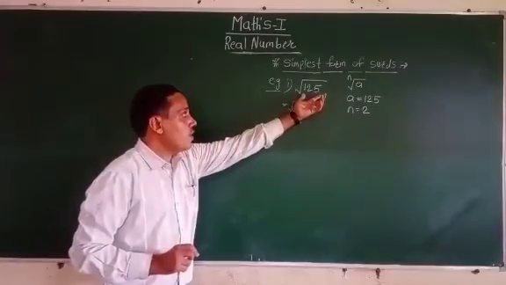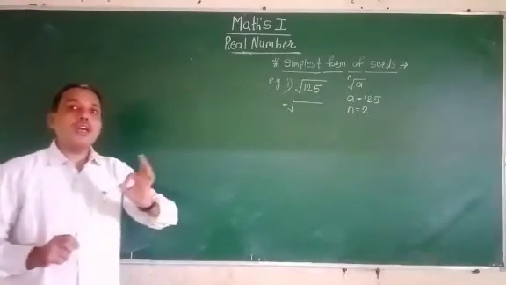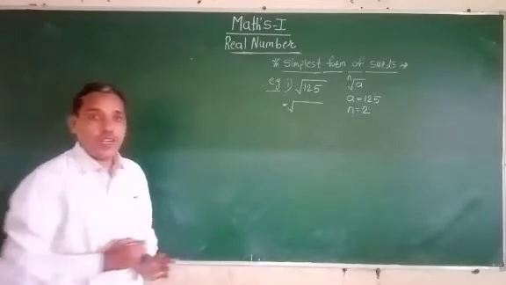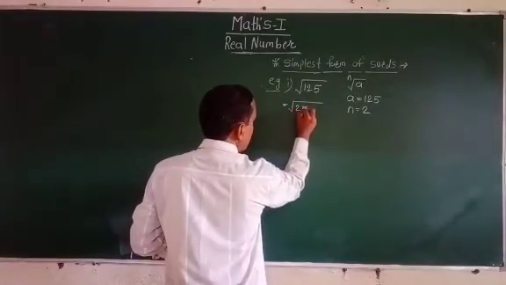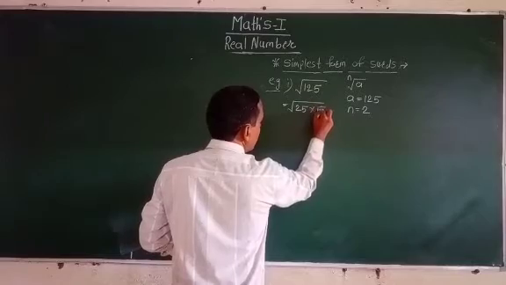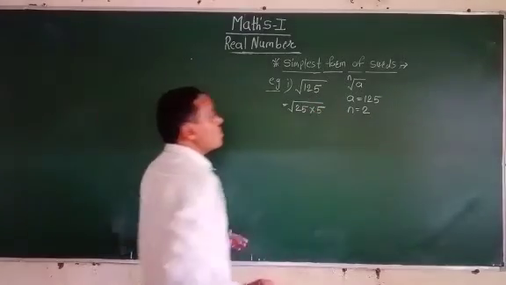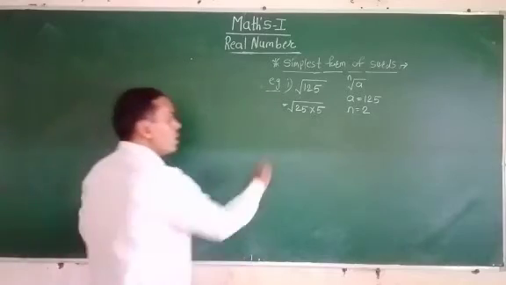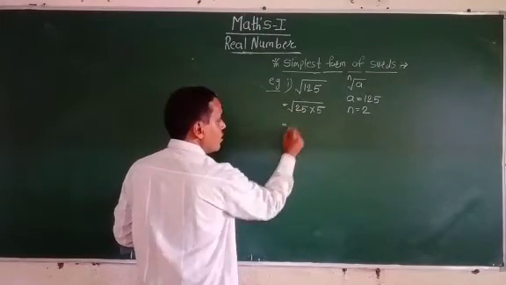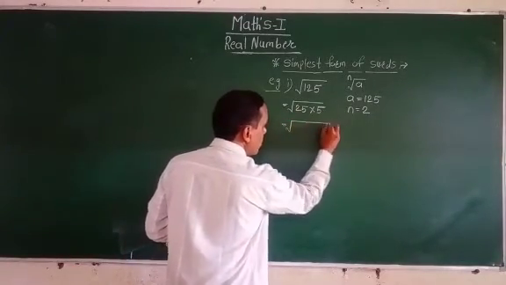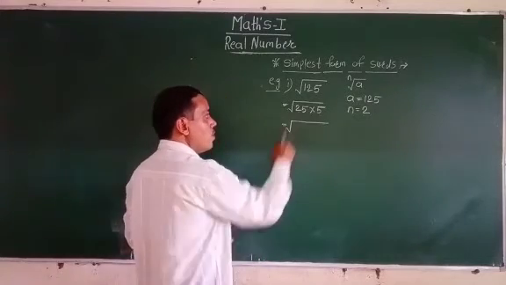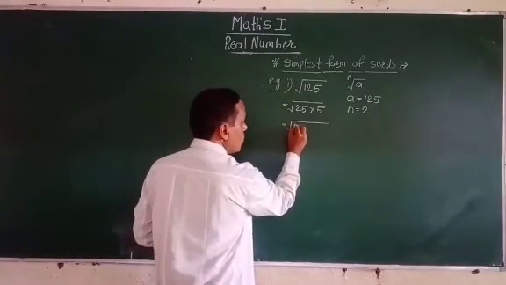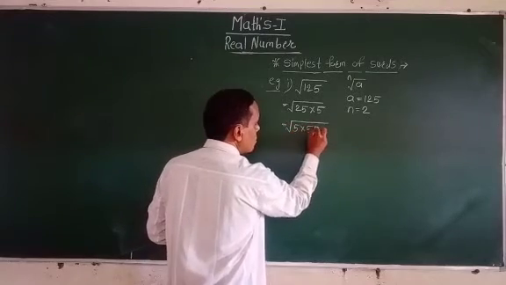125 comes in the row of 25 times 5. We can write 125 in the product form of two numbers as 25 into 5. We again convert 25 into its factors. 25 comes in the row of 5, 5 times 5 is 25.